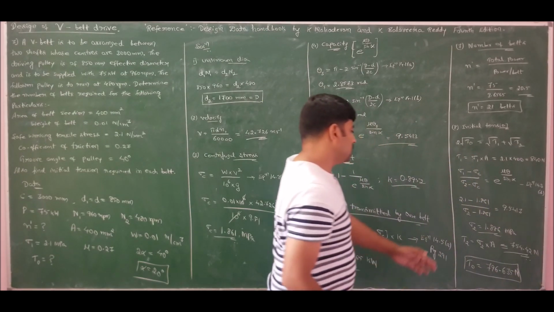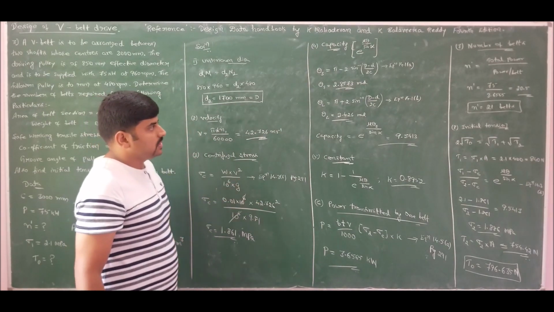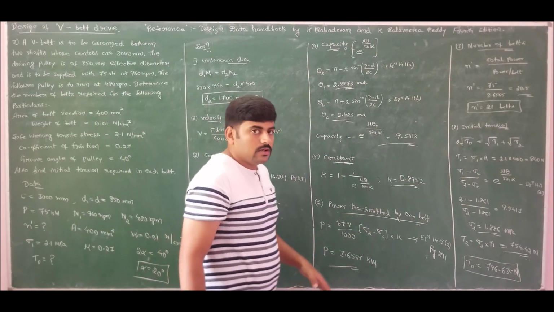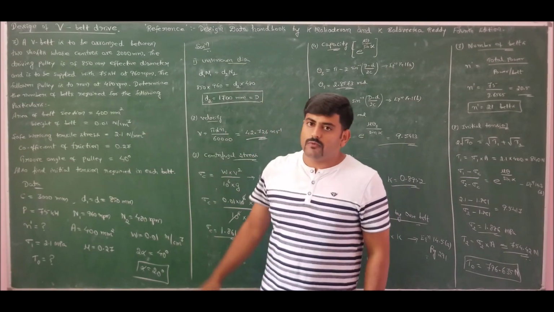So the initial tension is 796.635 newtons. This is the complete solution for problem number 3, and this is the procedure you should employ when you are asked to determine the number of belts required.